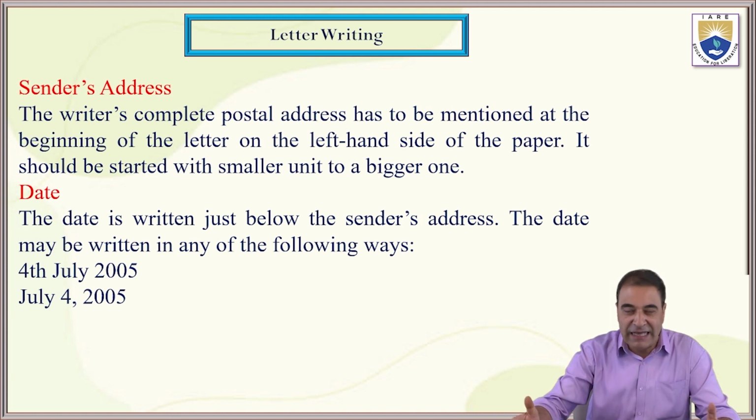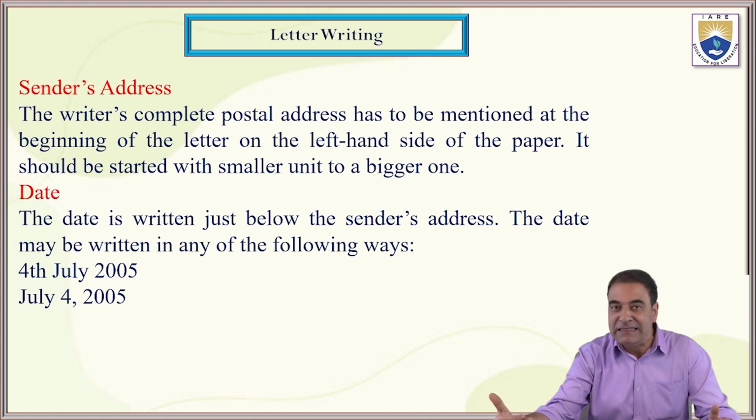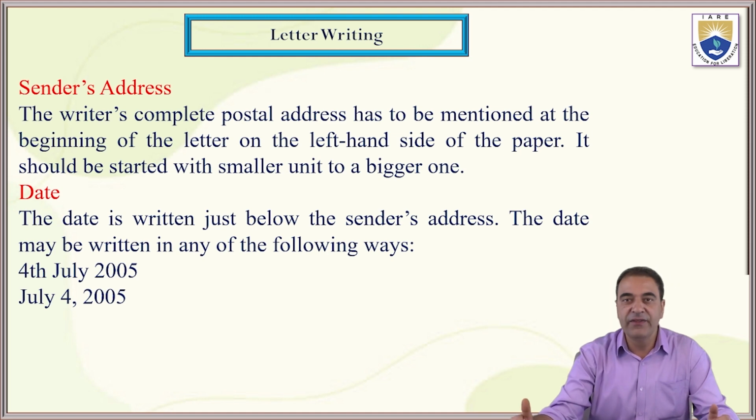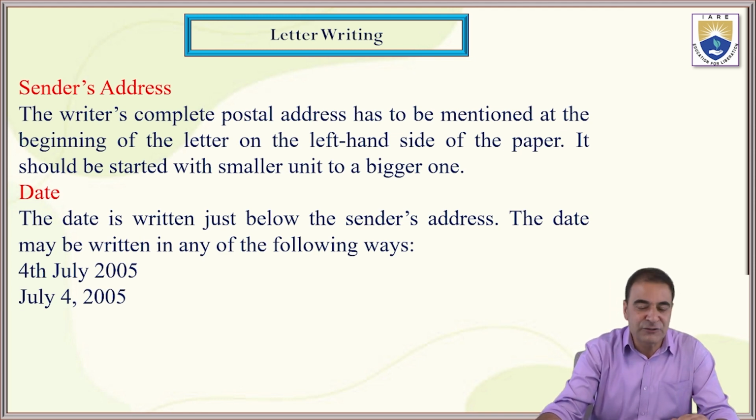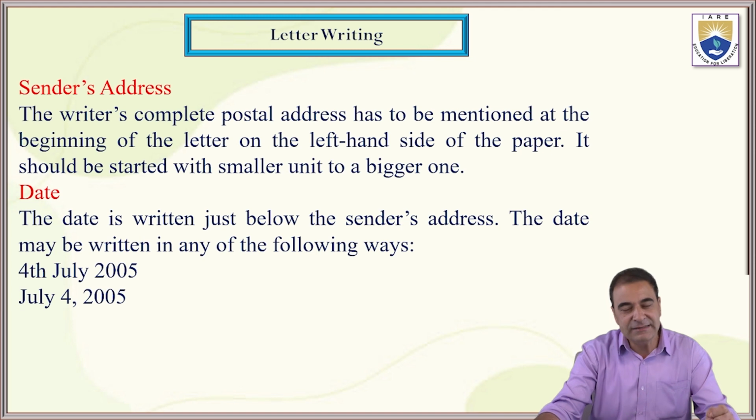For example, your house number or your lane number, followed by the district, and then the city, province, and then the country. That is the definite point. The matter of fact is that letters should start with a definite point.